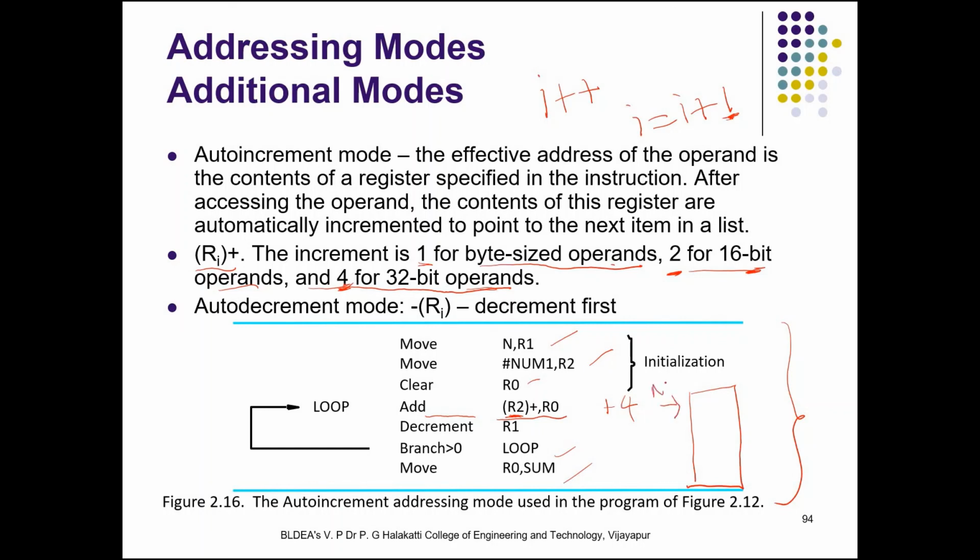This is nothing but I have a memory called num, and the address of this is stored in R2, and the number of elements in this, n numbers, are stored, right?